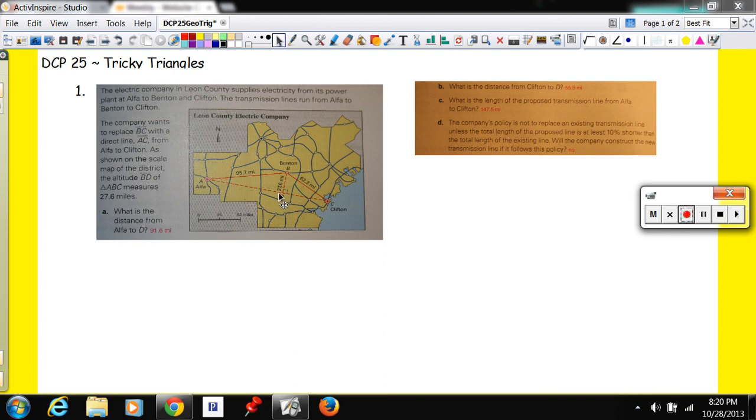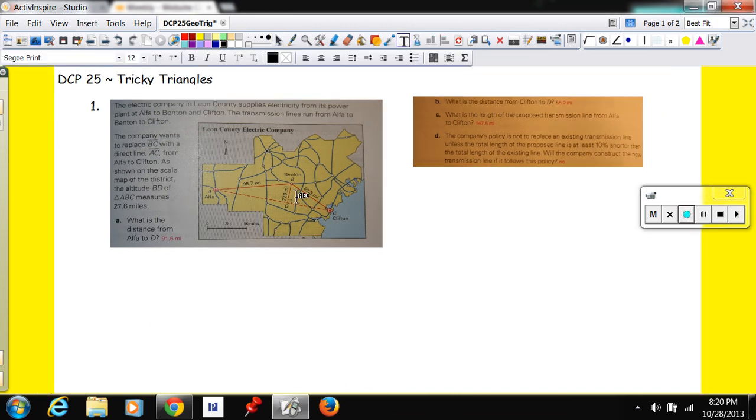They first want to find out what the length from Alpha to point D is, and simply put, you have an A squared, you don't have a B squared, and you have a C squared. So you're going to simply use A squared plus B squared equals C squared.